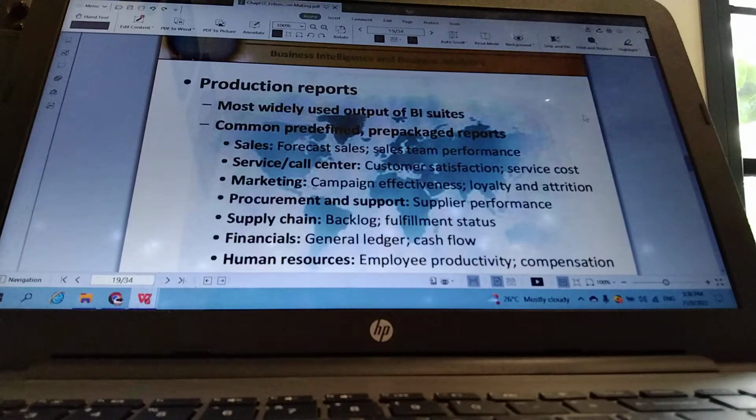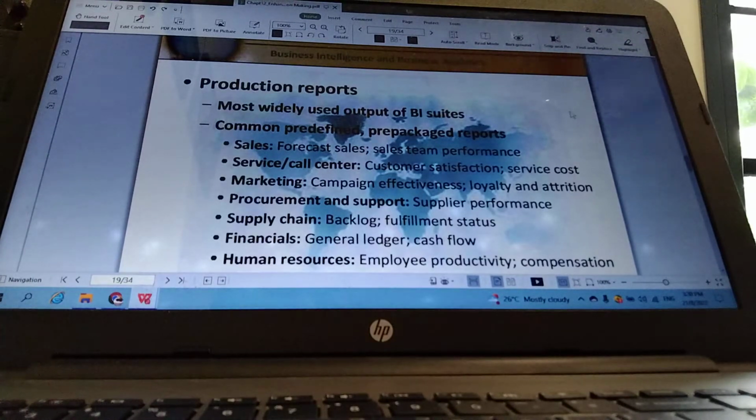So let's look into some detail at what is meant by production reports, which are the main output, or the most important feature of the BI system in helping the users.